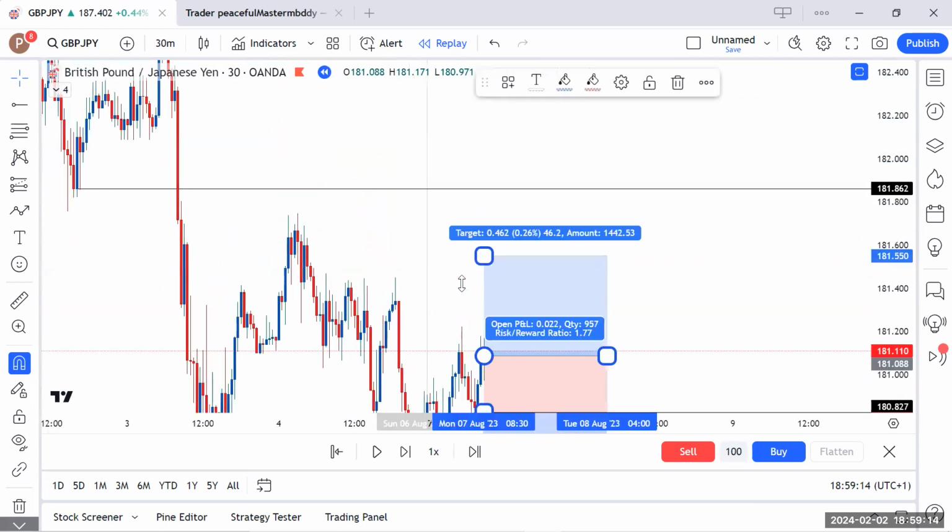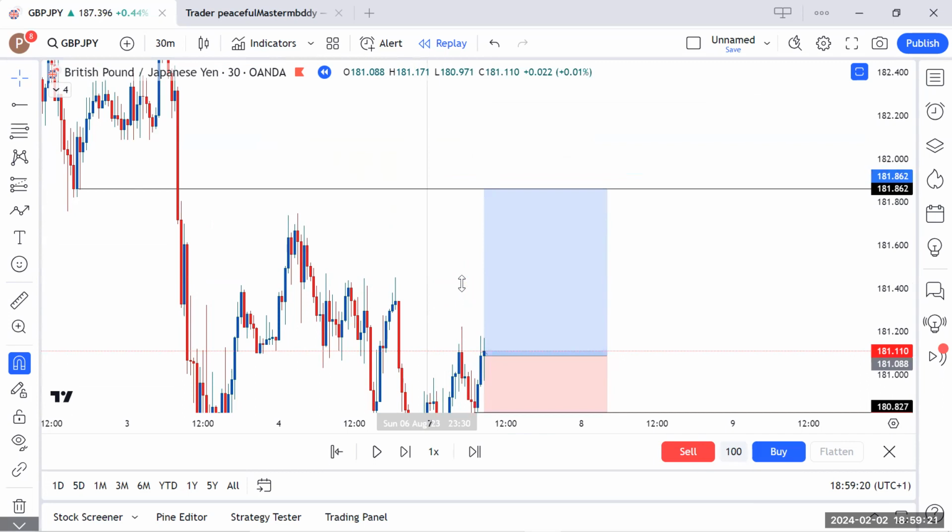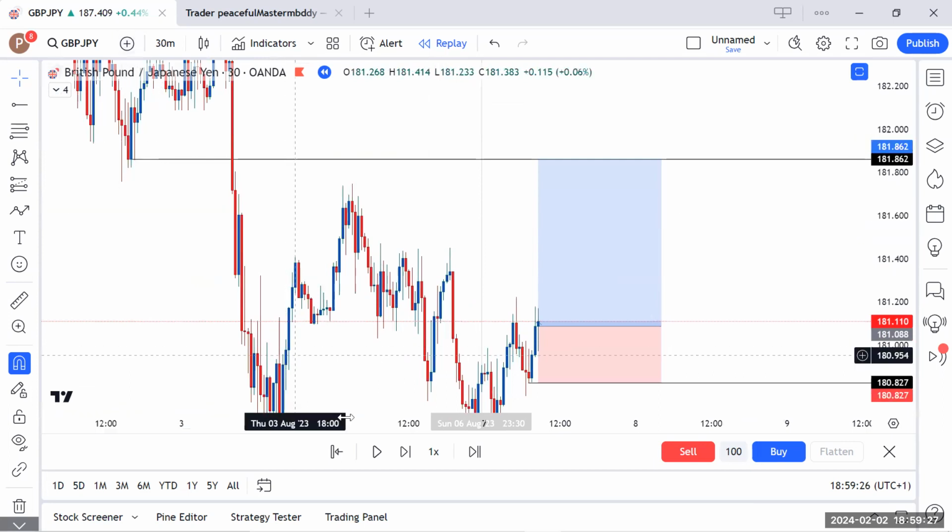And then I'll take profits at this previous support area.